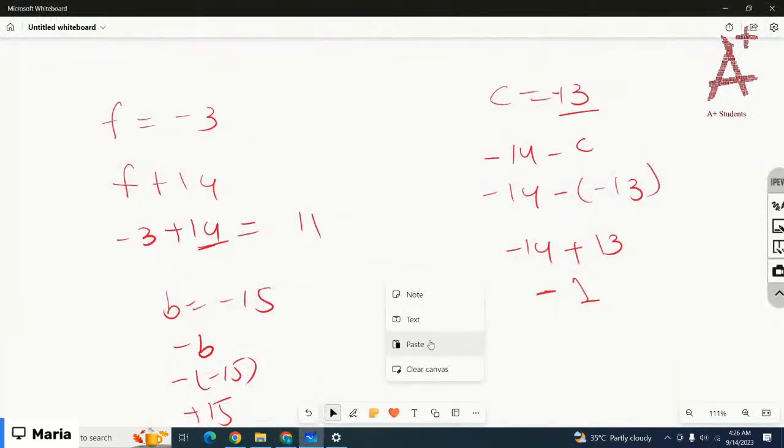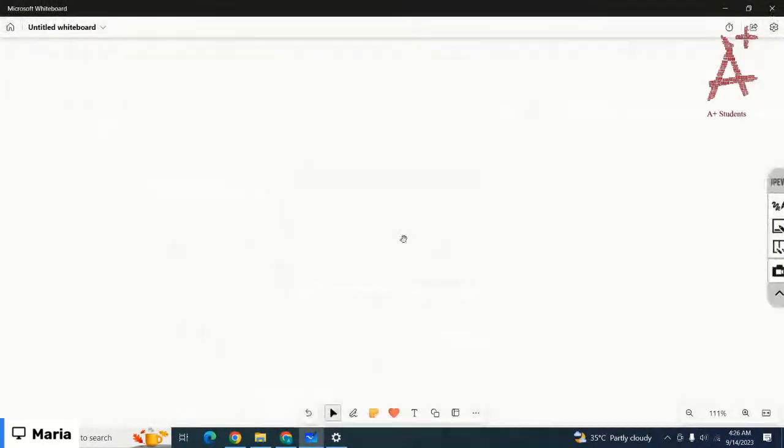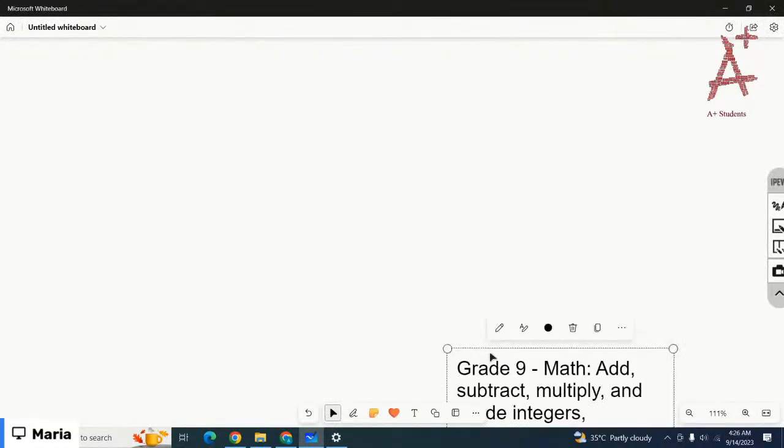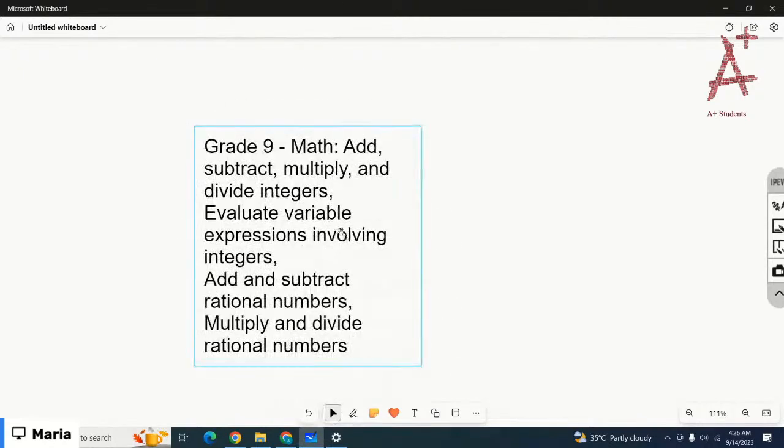The next lesson is that we are going to do add and subtract rational numbers, right?